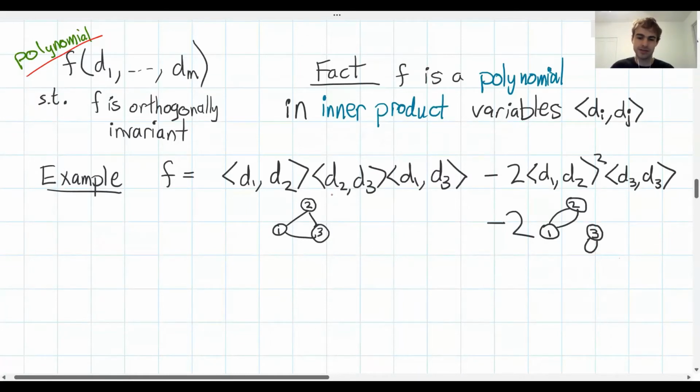Specifically, an edge between i and j corresponds to the inner product between di and dj. In fact, these correspond with multigraphs, as you can see in the example on the right here. d1, d2 squared means there are 2 edges between 1 and 2, and d3, d3 means there's a self-loop at 3. So in this way, the terms in the expansion of f correspond exactly to multigraphs on 1 through m.